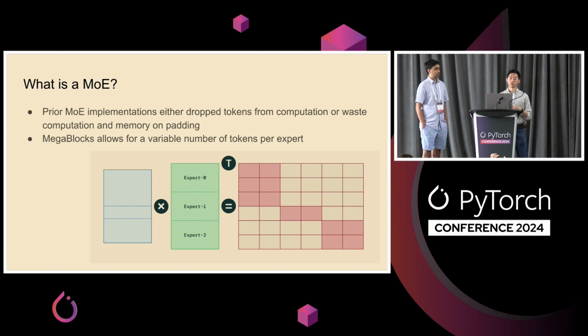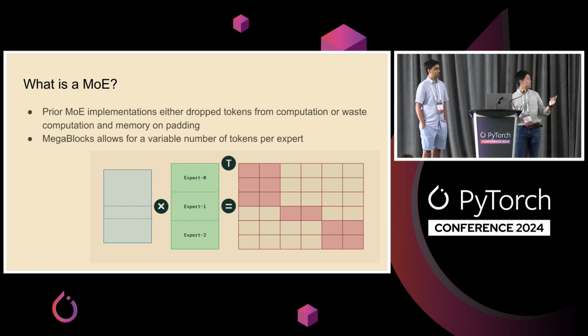If the router routes additional tokens to that expert, then you need to drop tokens because they exceed your capacity. Or if your router only routes, let's say, 2 tokens to an expert that has capacity 4, then you need to pad your tokens to 4, and that wastes computation and memory.